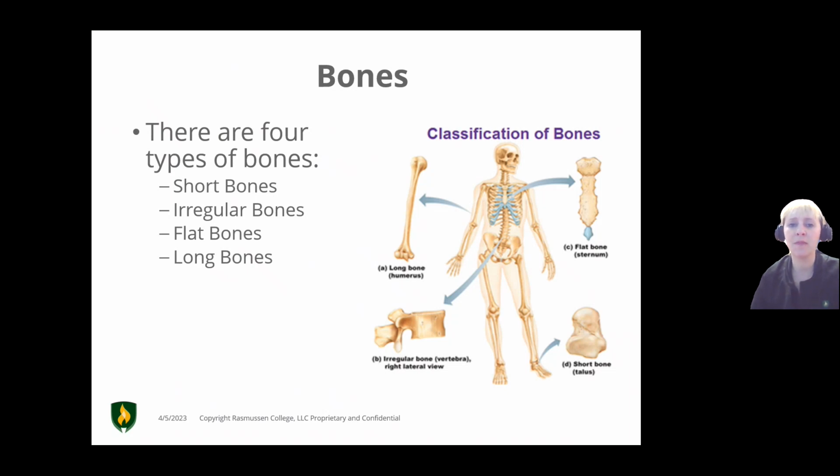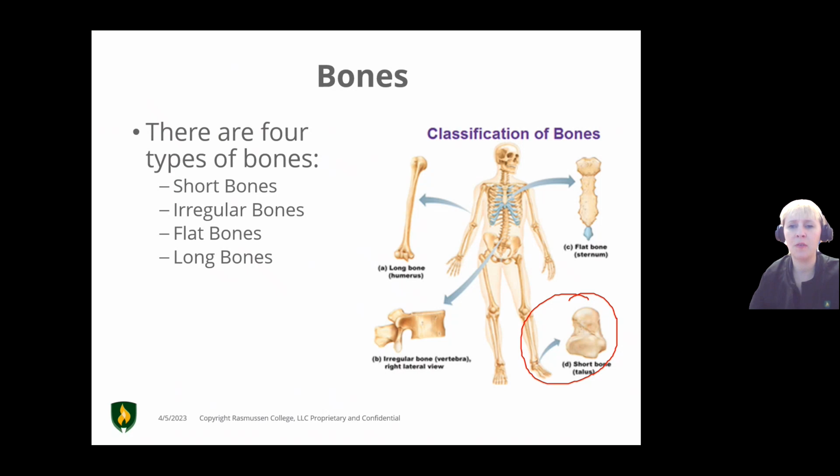There are 4 types of bones that we have in our body. The first are short bones, which you can see right here. Short bones are somewhat cube-shaped, and they consist of a core of spongy bone.